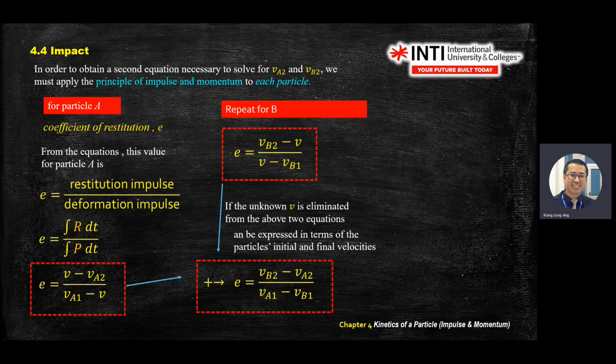The top is after, below is before. I deal with velocity, I always take positive values, high value minus low value. Same with the bottom: velocity A before is always higher than B, so I pick higher minus low value. This is how I memorize. Okay.